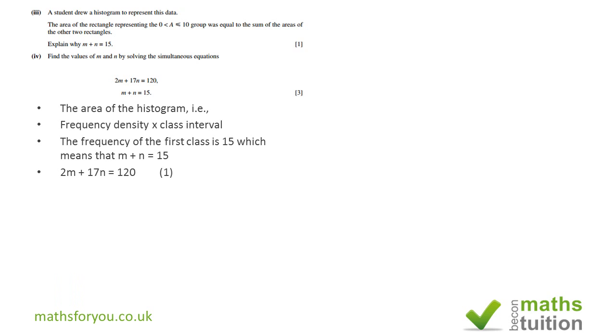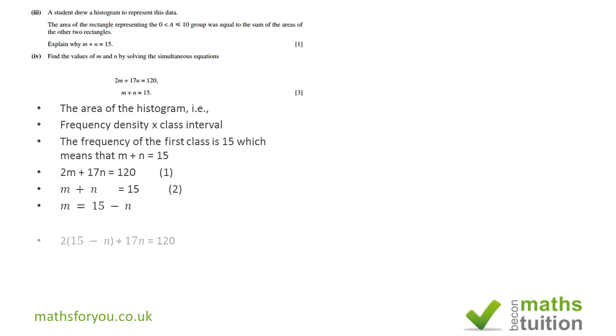Now we're asked to solve the simultaneous equations. 2M plus 17N is equal to 120 is my first equation. The second equation is M plus N is equal to 15. If we say from here that M is equal to 15 minus N, we then substitute this value of M into the first equation.